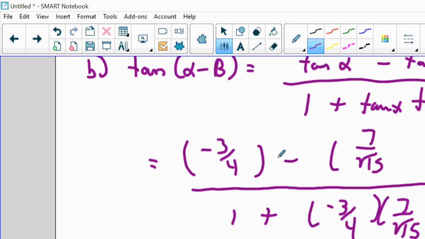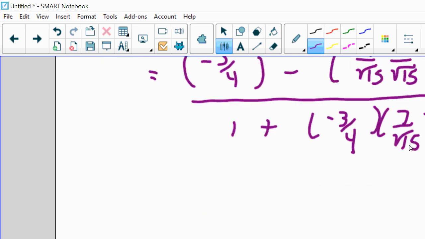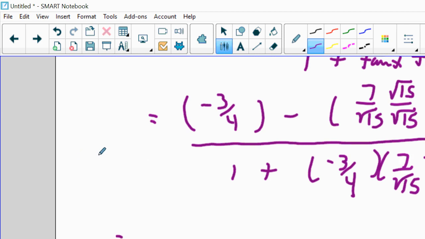Now, do you want to rationalize on the fly? Let's try it. It might kill us. Ooh-wee. Okay, here we go. Bring that back. So minus 3/4. Take away 7 radical 15 over 15 over 1 minus 21 radical 15 over 15.